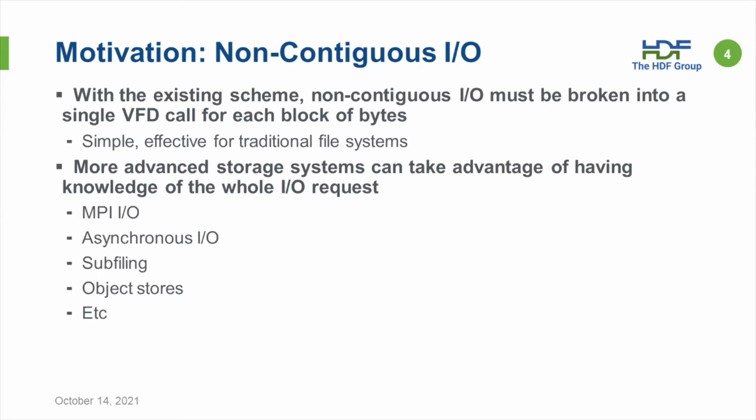And also object stores may have an interface that allows for non-contiguous IO, if you're implementing an object store as a UFD. And there are other cases of file systems that can be accelerated by having more knowledge. I could look those up if anyone's interested.